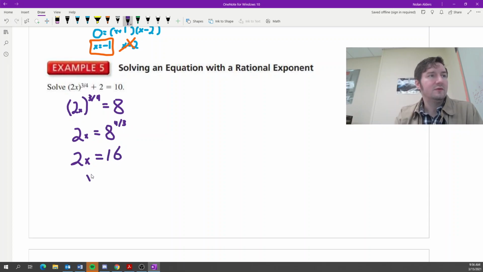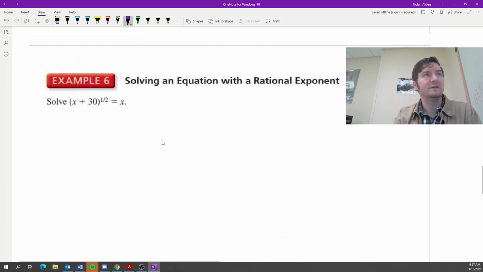And then divide by 2, so we'll have x equals 8. Right, so that's how you solve an equation with a rational exponent. Just isolate that term, and then to get rid of the rational exponent, you just raise everything to the inverse of that fraction. So you flip the fraction over. All right, and you'll be good.